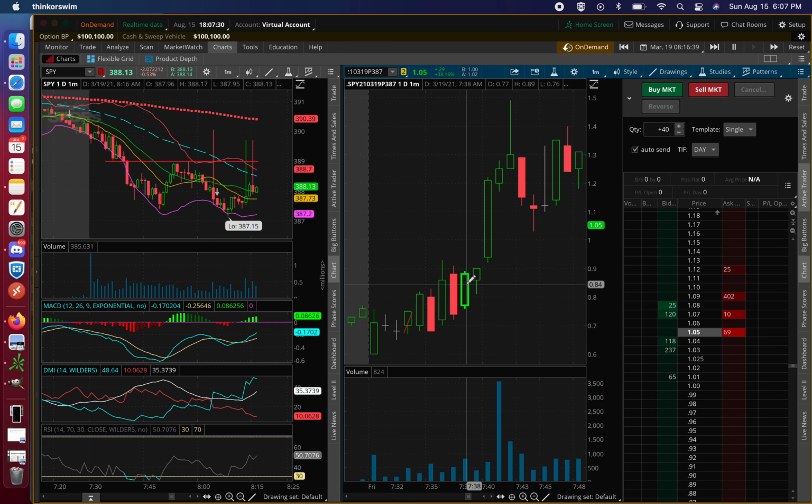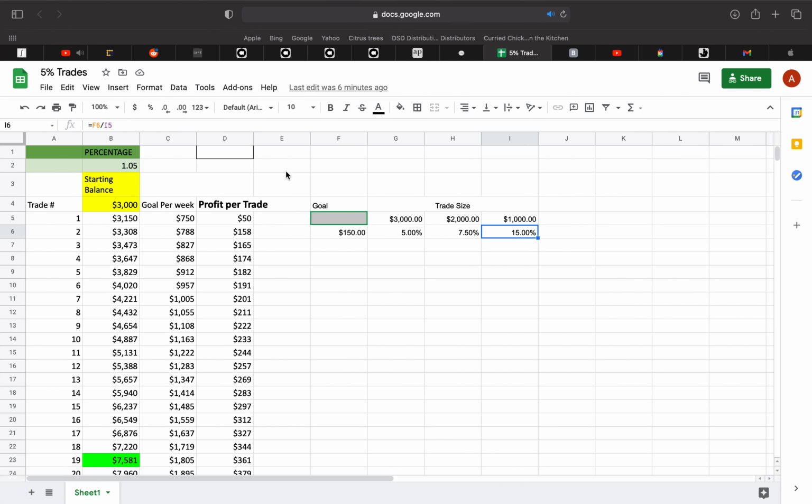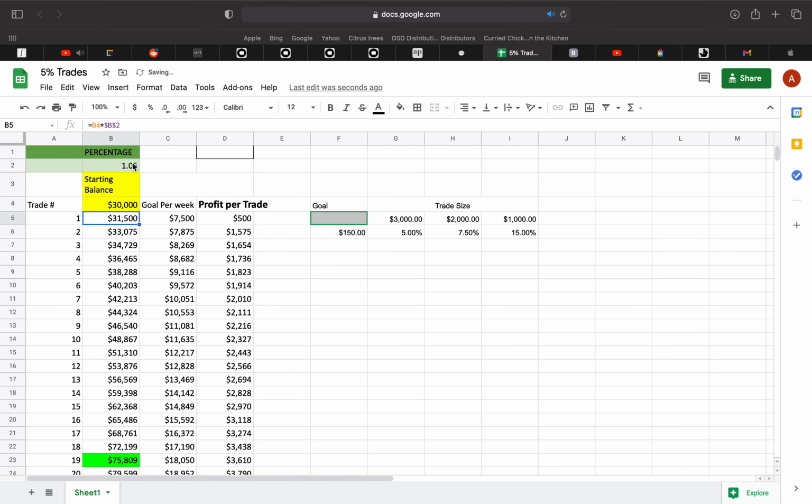And even 5% trades, if you have a large account, that is risky. So if you had, like, I don't know, a $30,000 account, a 3% trade is still amazing.